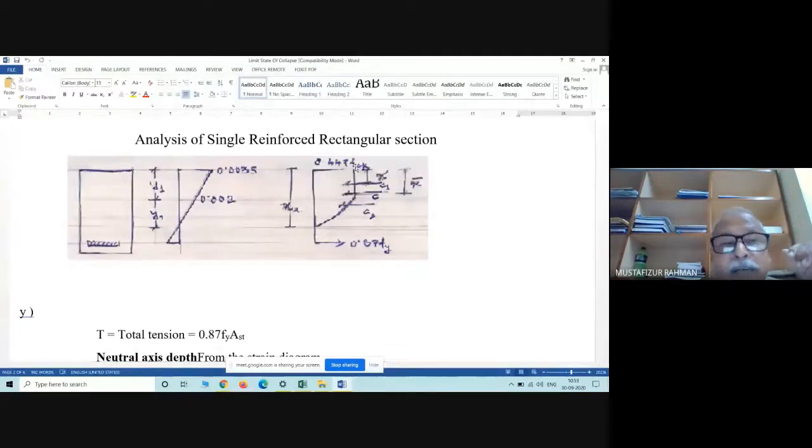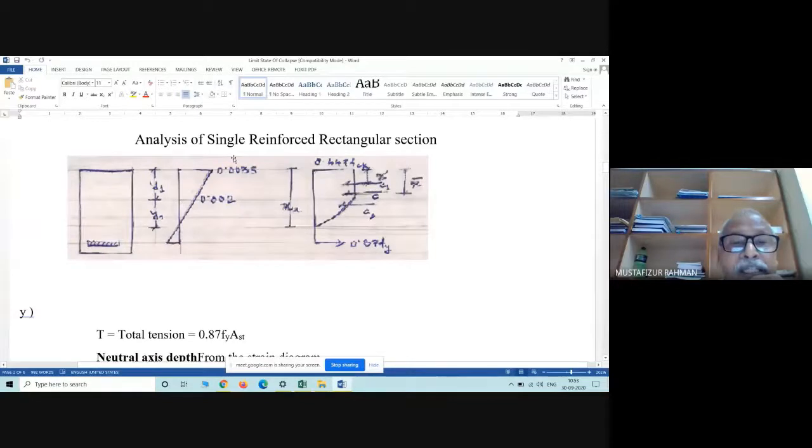Now the question is coming. Up to what depth does stress remain constant? Or at what depth is the strain 0.002?